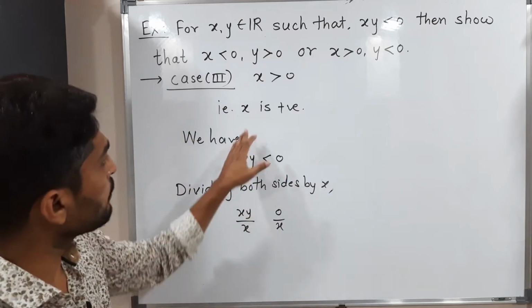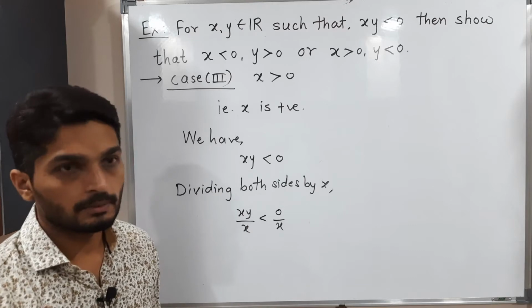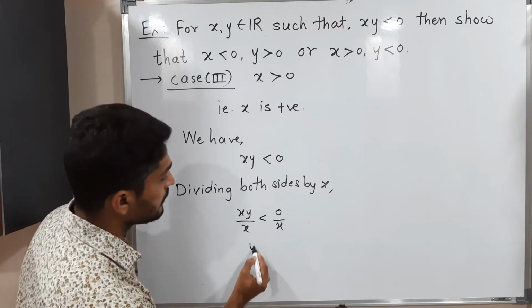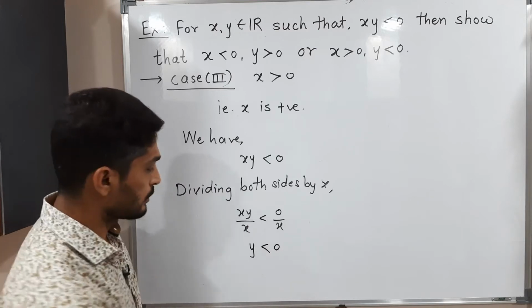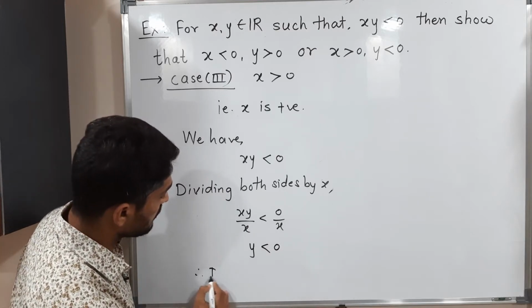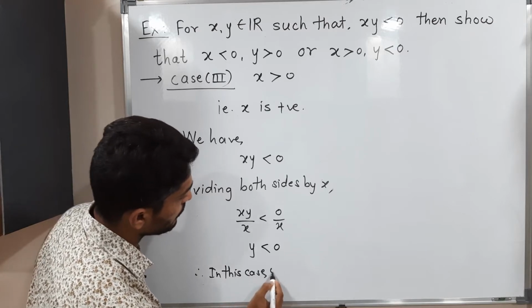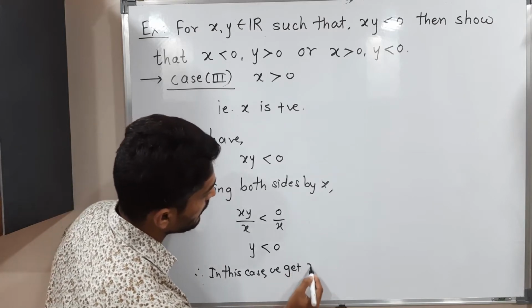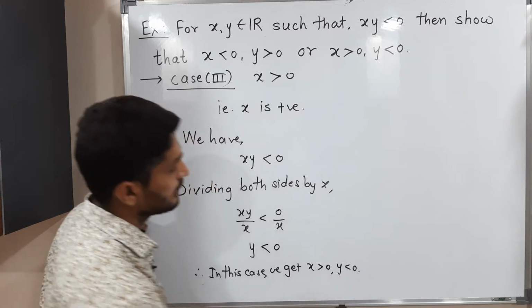So here x is positive and we are dividing, so we will maintain same inequality. x will get cancelled, y less than 0 upon anything we will have 0. So therefore, in this case what we get, x is greater than 0 and y is less than 0.